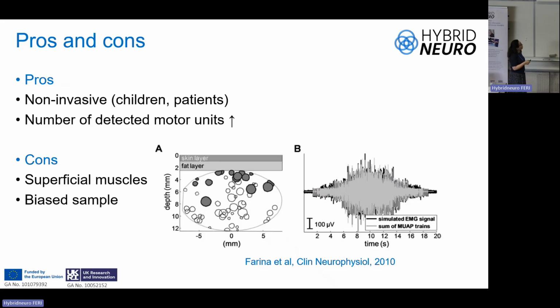All the circles represent active motor units. The filled circles represent the motor units that the surface decomposition algorithm is able to decompose. These units are close to the surface and relatively big. Basically only those units with large surface potentials are detected by surface EMG. So what we get is a biased sample of the motor units constituting the muscle.